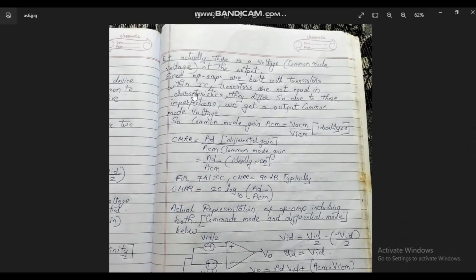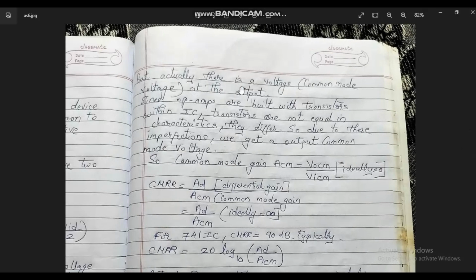Actually there is a common mode voltage at the output. Since op-amps are built with transistors within the IC, and transistors are not equal in characteristics, they differ. So due to these imperfections, we get the output common mode voltage. So common mode gain is ACM.